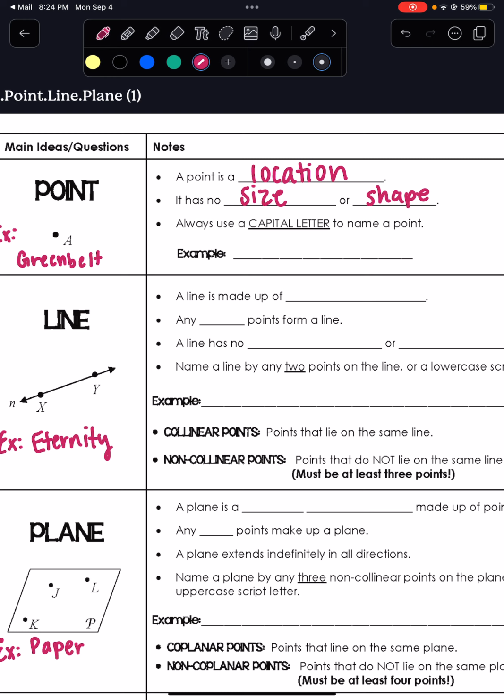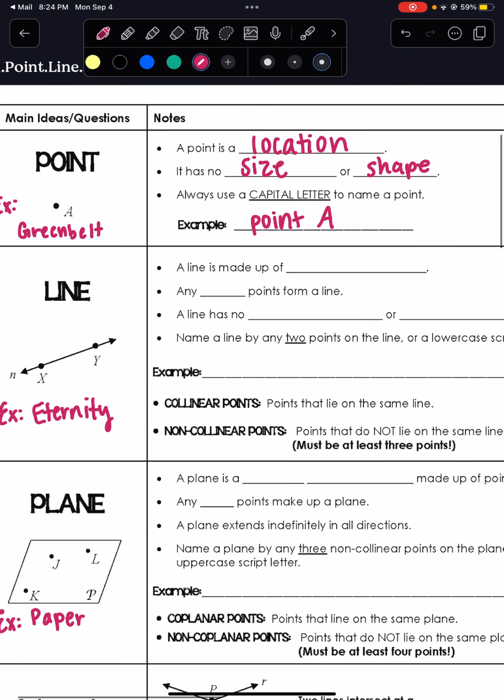So remember when I said we're going to learn how to write these things, which is another way to say it is notation. So the example of how you'll see it written in like math problems would be like point, and this one is called point A, so we're going to use the capital letter A to call it point A.